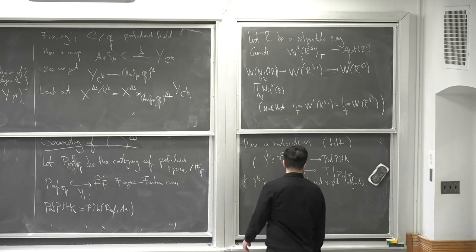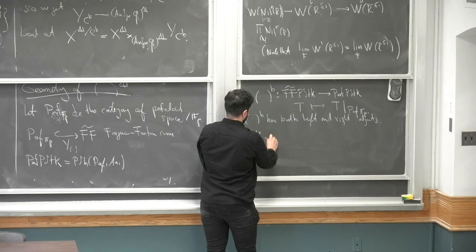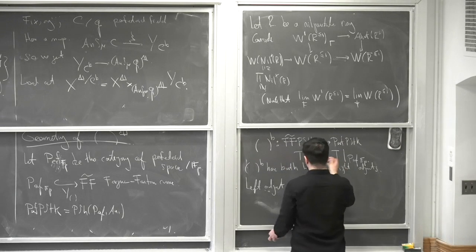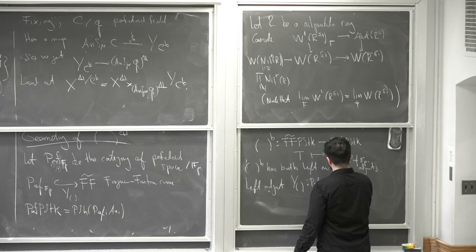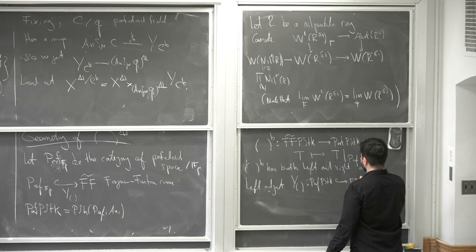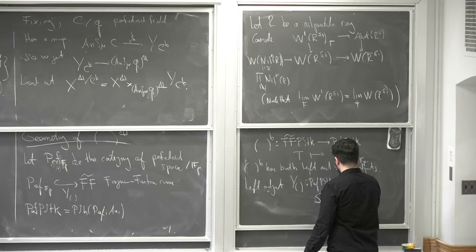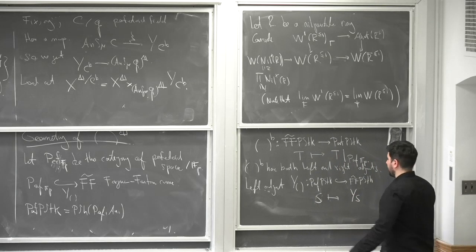So the left adjoint is basically just a natural inclusion you get from one to the other. It's kind of just taking another curve. Takes a perfectoid, which we call S, maps to the curve of S, and just extends by colimits to the whole thing.